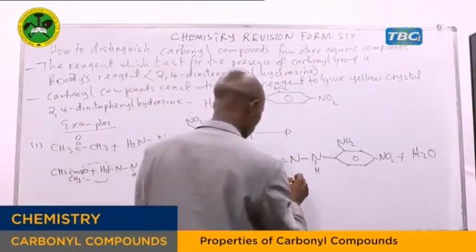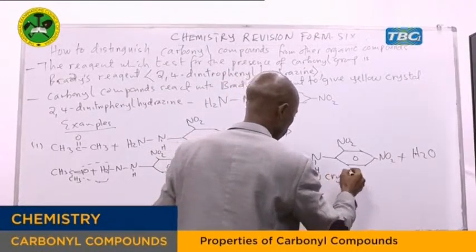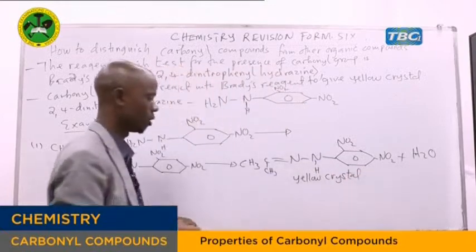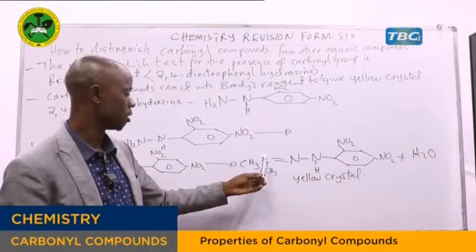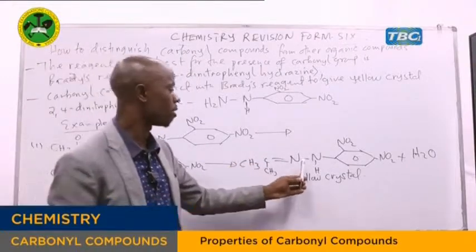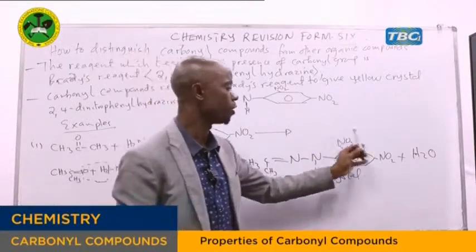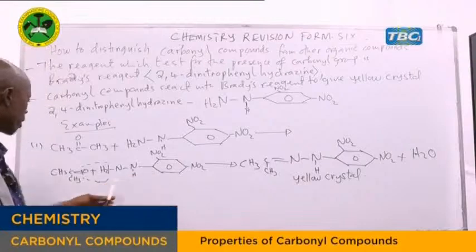This one is a yellow crystal. It will be observed. So this one is propanone 2,4-dinitrophenylhydrazone, which is a yellow crystal, and will be observed when this reacts with the ketone.